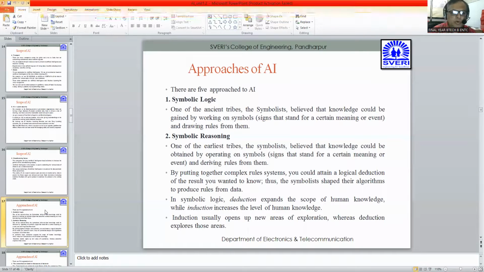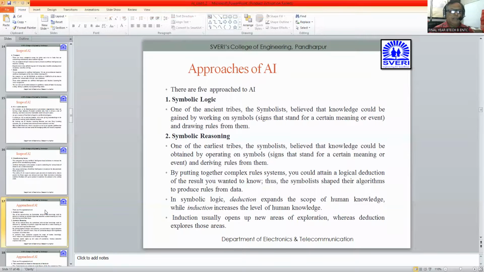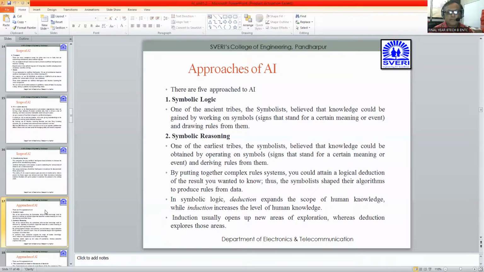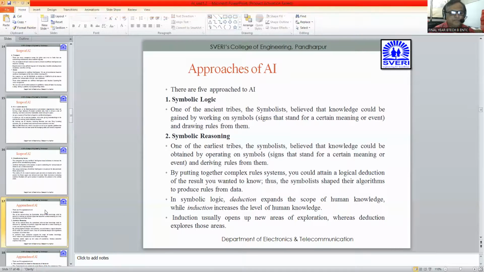So symbolic logic is nothing but using those symbols for the implementation of logic, and that is completely related to knowledge. If you're able to represent the knowledge by using symbols, and implement it with logic, then it is called symbolic logic.